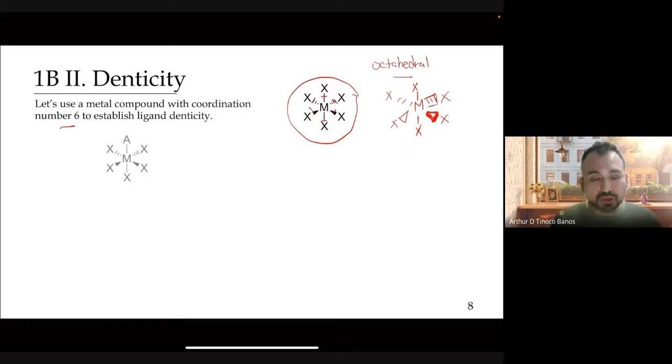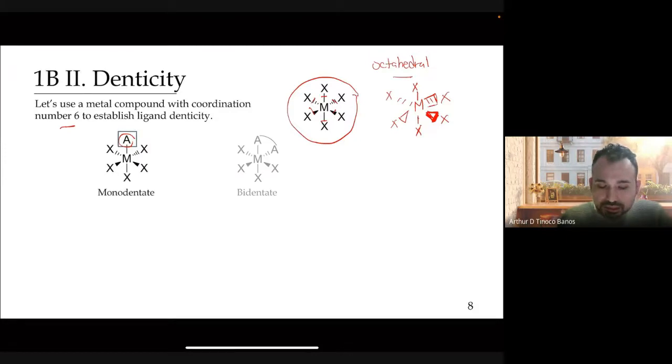All right, so with regards to denticity then, if we have an atom, or in this case, let's say a molecule, but we're just representing it by the letter A, and it has only one contact, just as we mentioned already, then that will be referred to as monodentate. But then let's imagine that we have a molecule that has two contacts. Again, I already showed you the list, but I want to give you a visual of this. Well, then this has these two contacts, right?